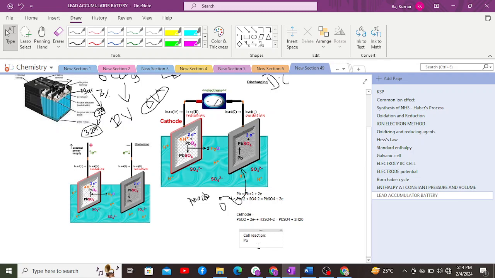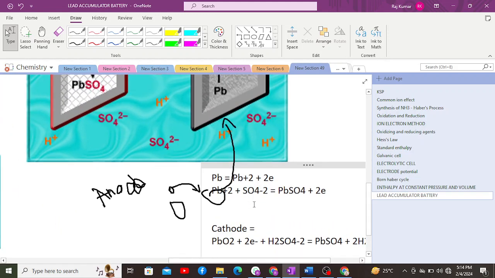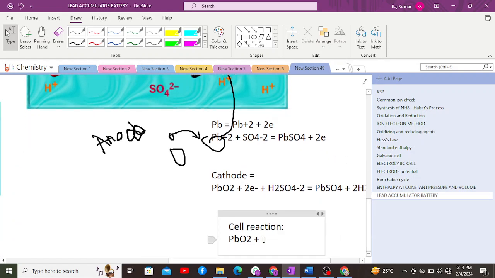As we have lead oxide, that will not be cancelled out because there is no such species present in the equation, and lead oxide over here, and on the other side we have lead oxide, as well as, when it comes to the other part, sulfuric acid, right? Sulfuric acid, and then the electrons will be cancelled out from each other.